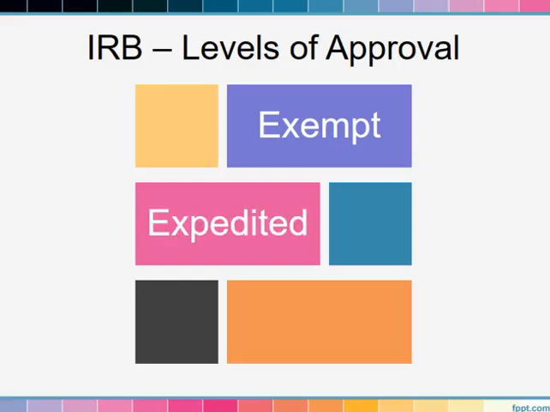A protocol may be expedited when it involves minimally invasive procedures such as blood samples drawn by fingerstick or venipuncture, collection of samples by non-invasive means such as hair samples and nail clippings, data from non-invasive diagnostic tests such as an EKG or ultrasound, collection of information from data previously collected for non-research purposes, collection of data from voice or video recordings, and research on behaviors or surveys and interviews. Any research that does not meet one of the 2 previous categories I just mentioned must go through full board review.